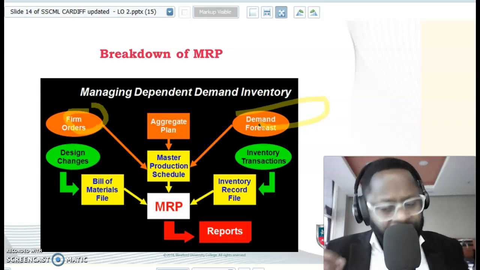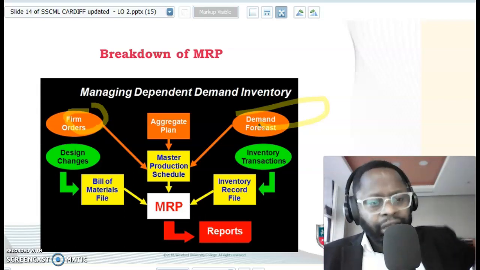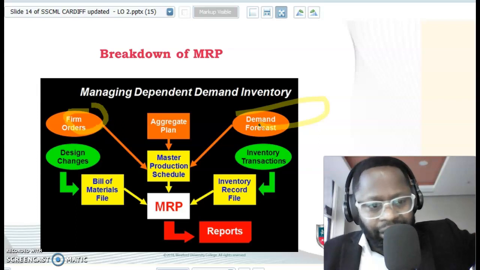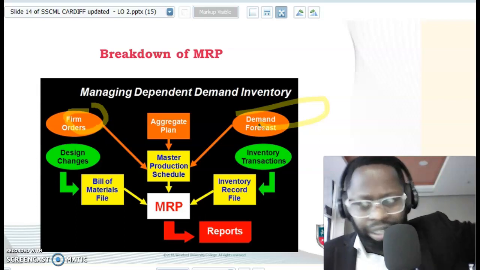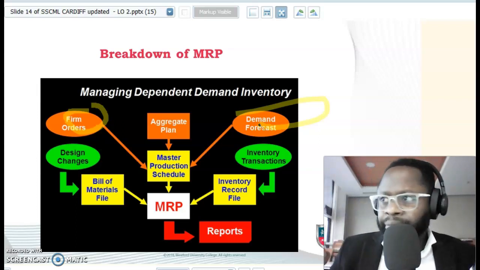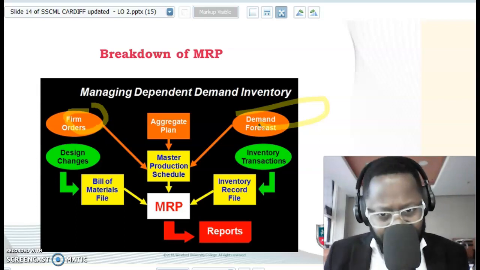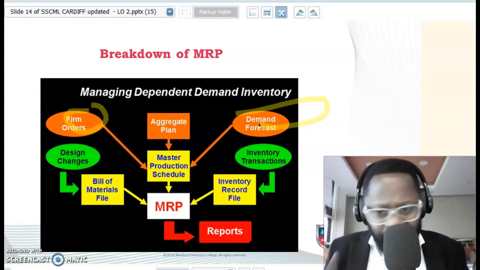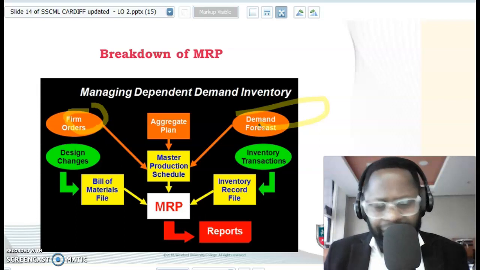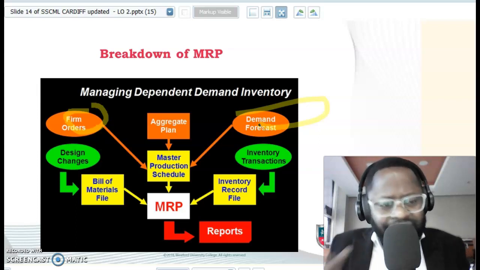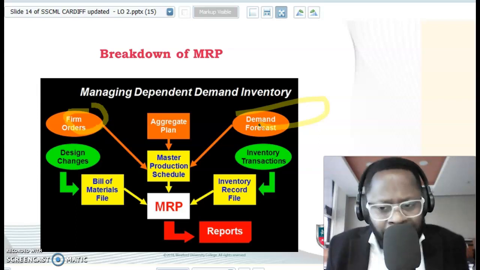They are manufacturing based on data, based on historical data, based on demand forecasting. These days, it's based on data analytics, getting feedback from the market.